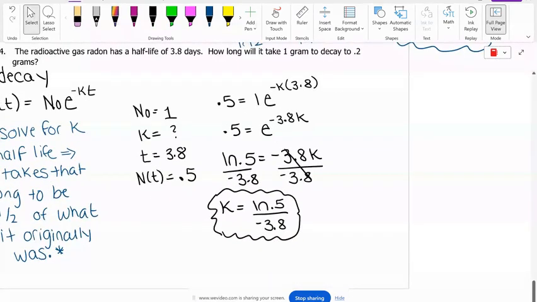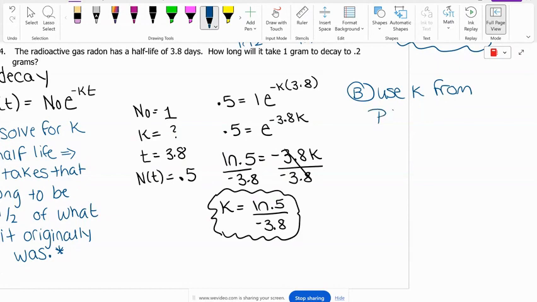So now in our phase 2, we're going to use K from part A to solve. So once again, we have our N0, our N of T, our K, and our time.